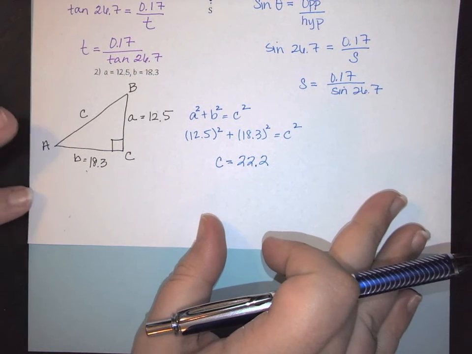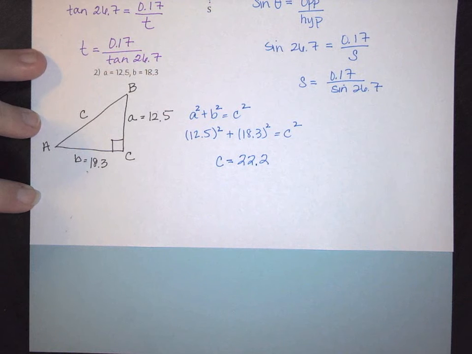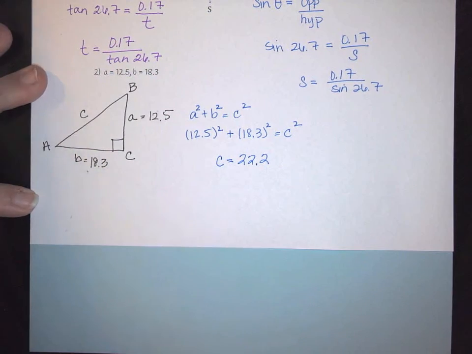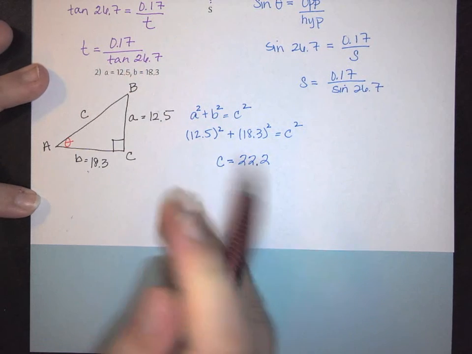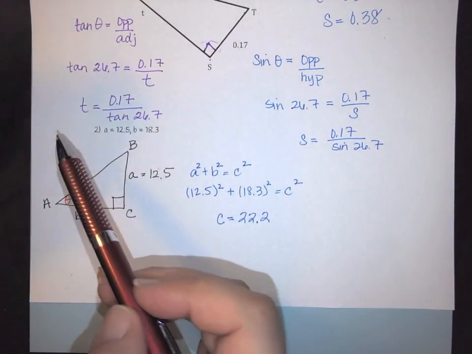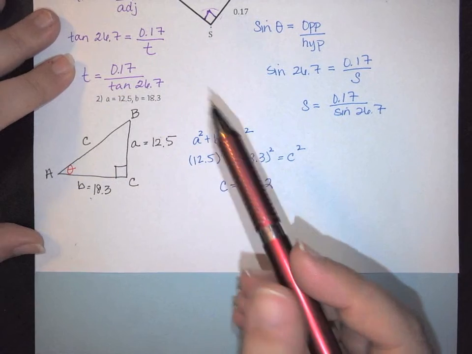Beyond that, I now have to use the idea of my trig functions in order to find, say, a and b. So the first thing is I could go ahead and work with my theta being down here at angle A. When I look at my theta value here, I have opposite over adjacent.